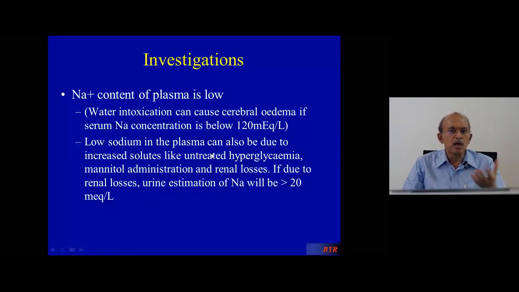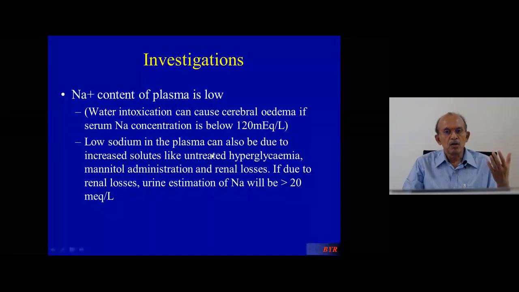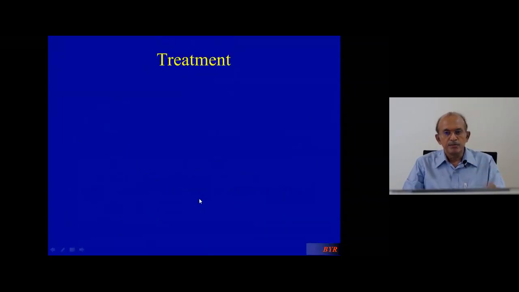They draw more water because glucose is an osmotically active substance. So it draws water. So the extracellular fluid gets increased in quantity and sodium gets diluted. PCV is also reduced because there is more dilution of the blood also.